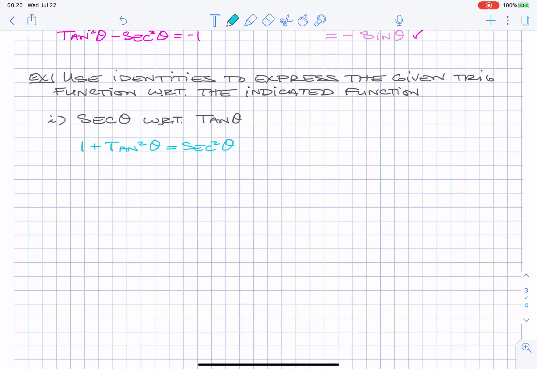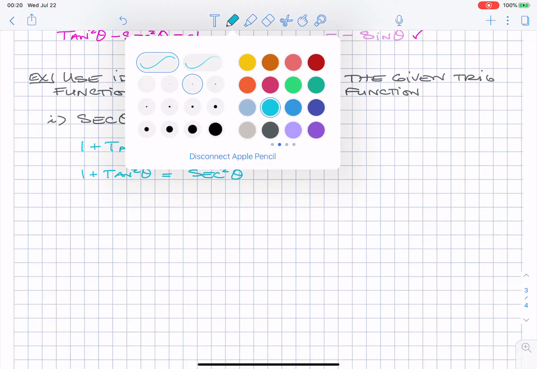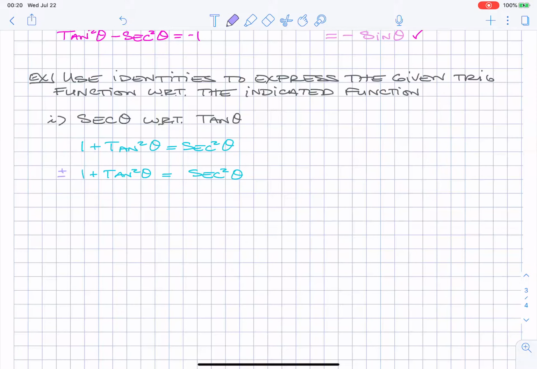So if I wanted to solve for secant theta, all I would need to do to both sides is take the square root. But whenever you take a square root, you have to do plus or minus.